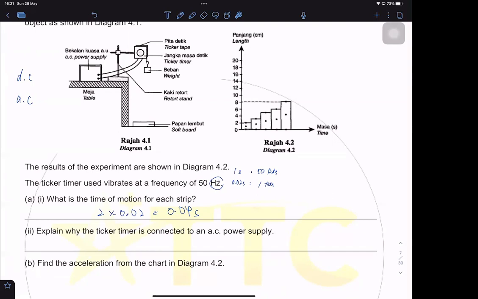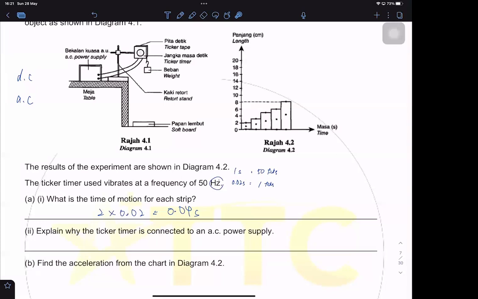So why must the ticker timer connect to the AC? It is because I need it to keep switching direction. I need it to go up, down, up, down, like that. If it's just DC, then it will just pop up and then stop there, or it will just go down and then stop there.